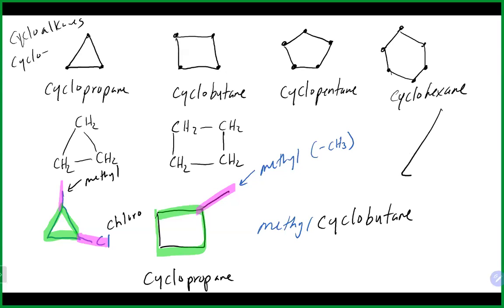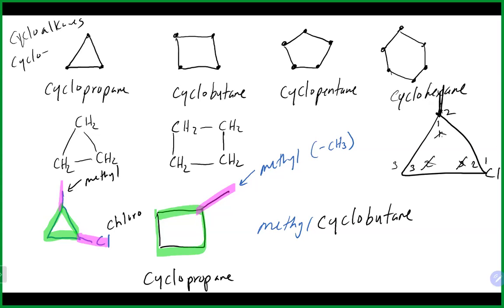If we make our triangle really big, we could start with the methyl group, and this would be 1, 2, and 3. We could start with the chlorine group, and this would be 1, 2, and 3. We could also go the opposite way, which would give us a much larger number, 1 and 3, versus a 1 and 2 situation. So we wouldn't want to go this way for sure.